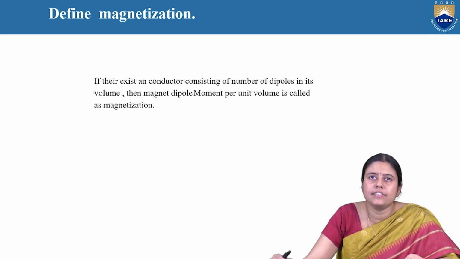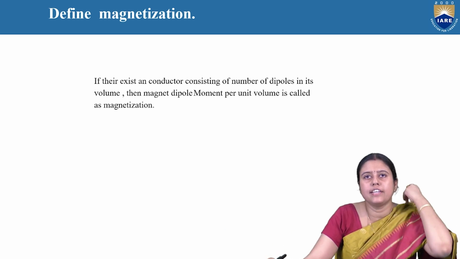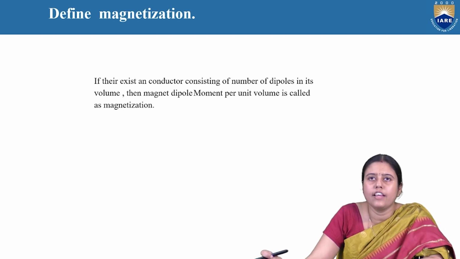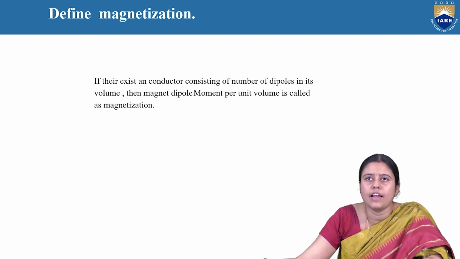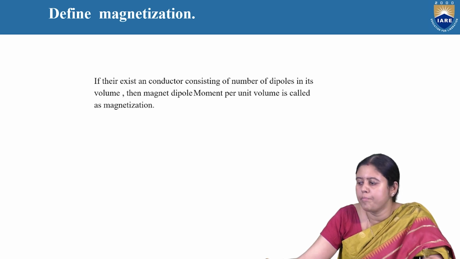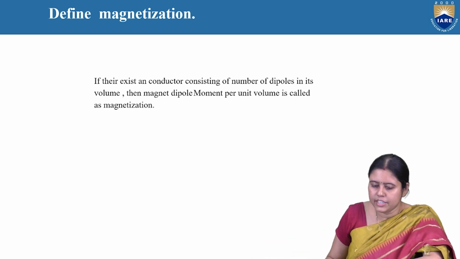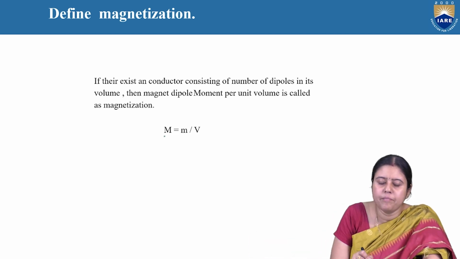Define the magnetization. If a conductor has a number of dipoles in its unit volume, then the magnetic dipole moment per unit volume is called the magnetization.